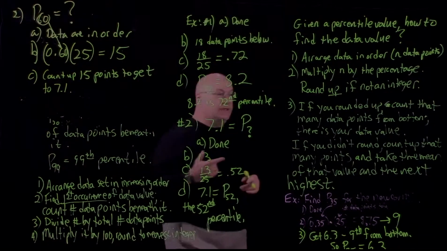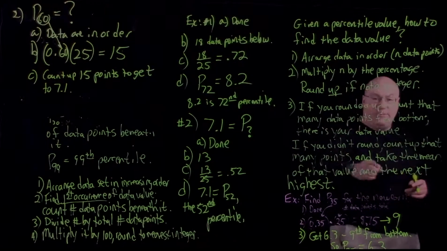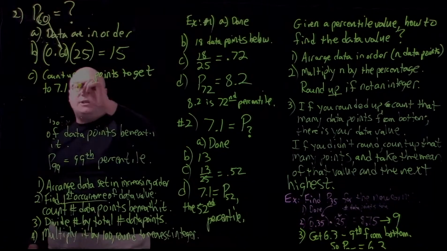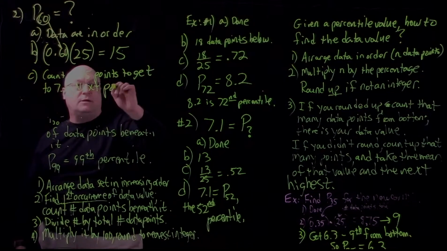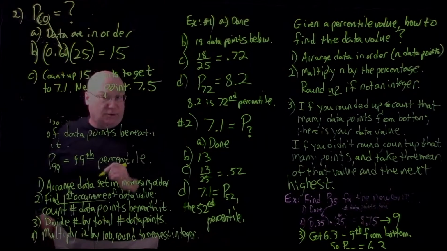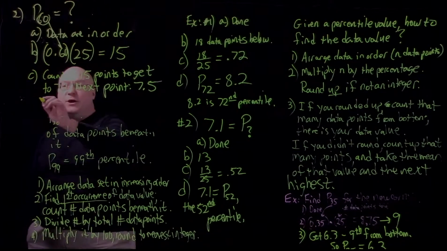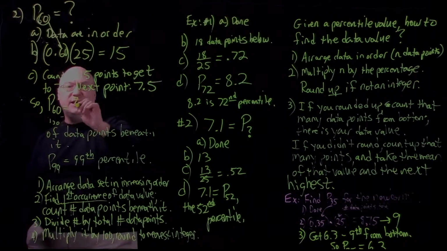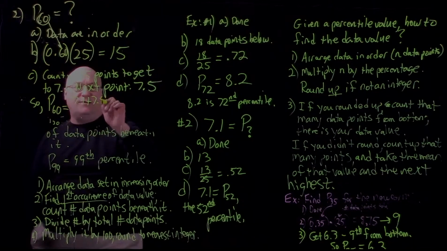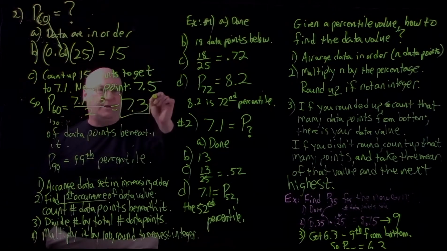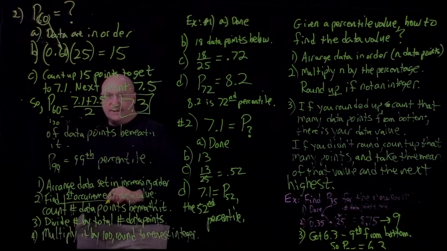But what does it say to do? It says if you count up that many, take the mean of that value and the next highest one. So the next point is 7.5. If you look, you should get that. So P60 is the mean of those two values. So it's 7.3. That's how you do that.